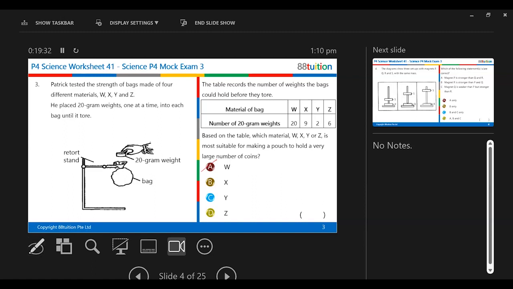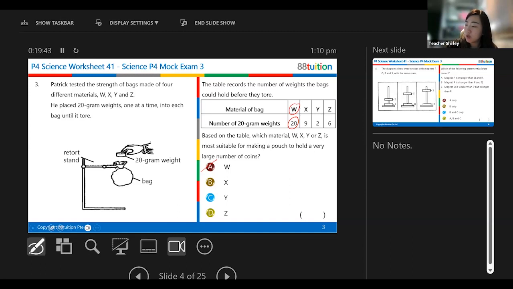Okay, so if you look at the result table, it seems like material W can hold the most number of 20-gram weights before it tore. So we are actually testing this property of strength, right? We are testing the strength of the material.